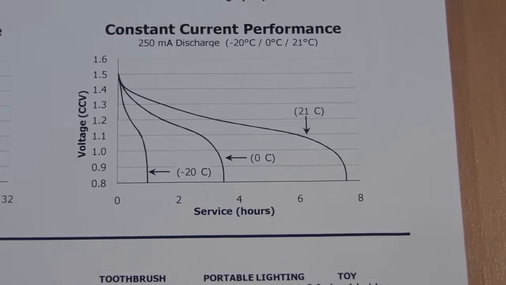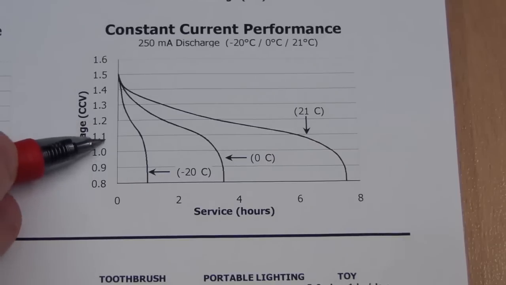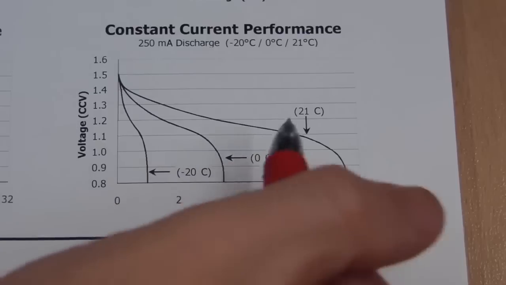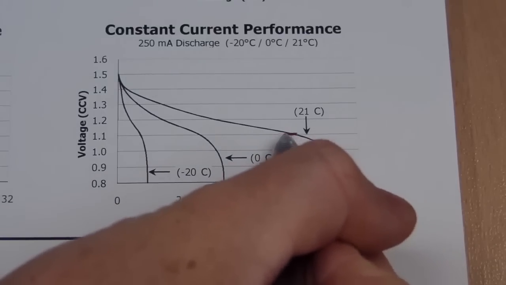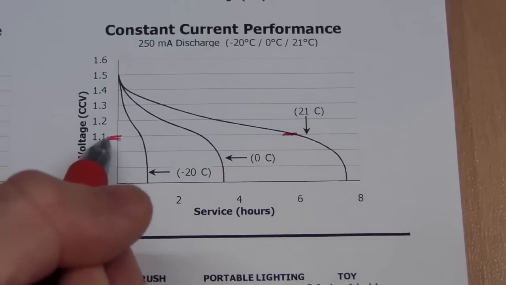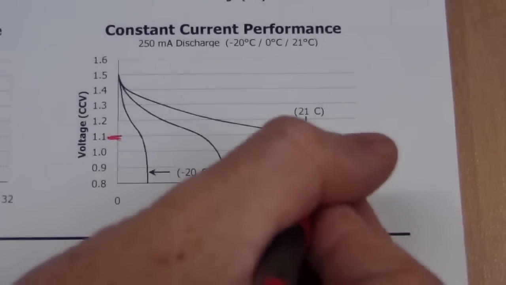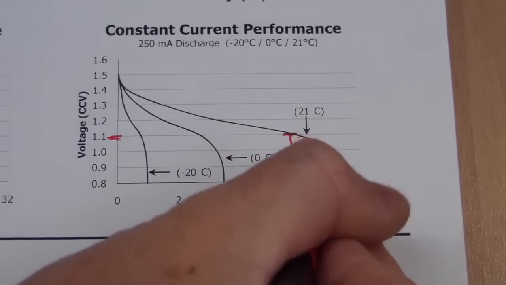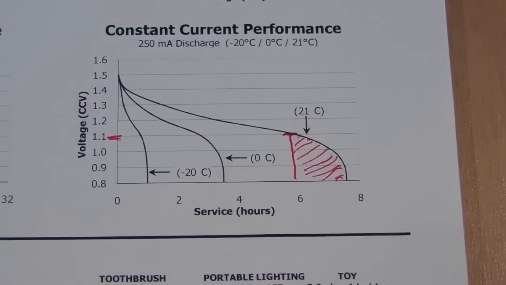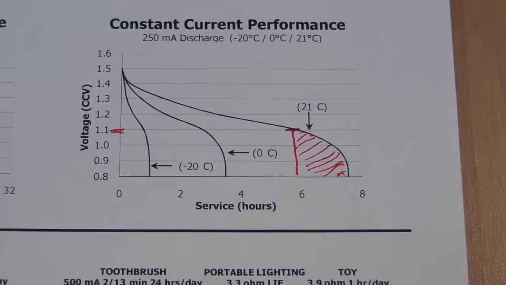Here is the voltage of the battery. Now, if you design your product to cut out, or give you a low battery warning, at say 1.1 volts here, then bingo, look at all this capacity under the curve that you're throwing away. You're just wasting all of that battery capacity.